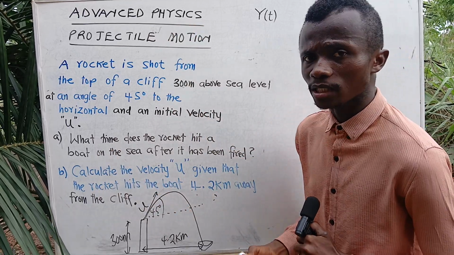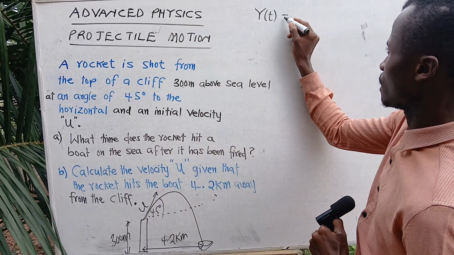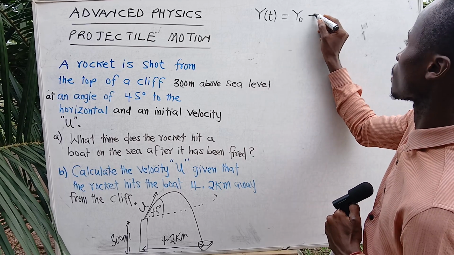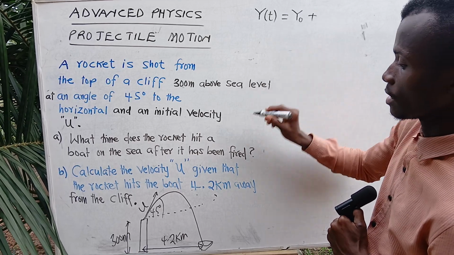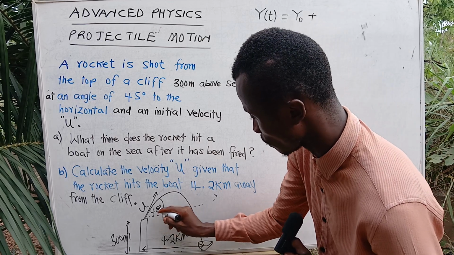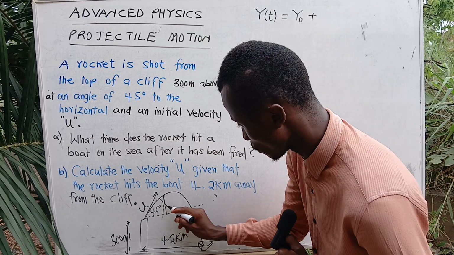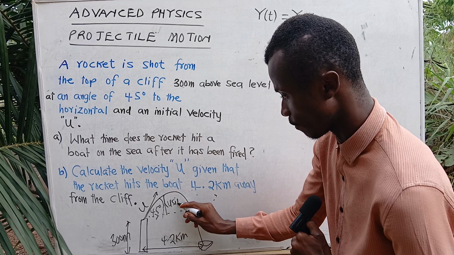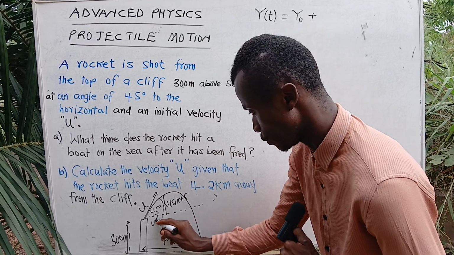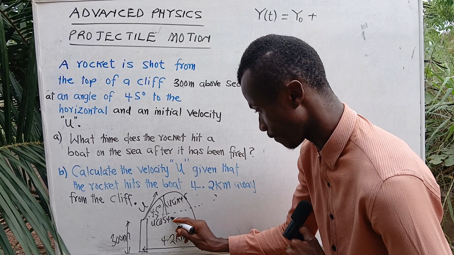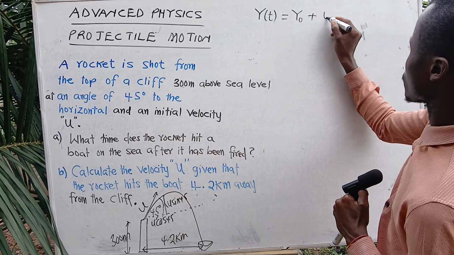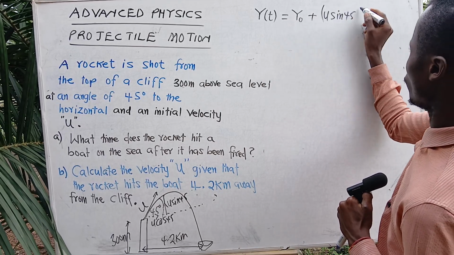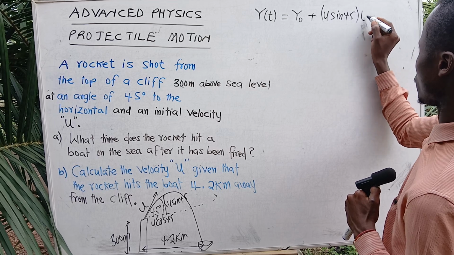For the vertical position function, we have y of t is equal to an initial position y naught plus the initial velocity, which is this component of the velocity. If we resolve the velocity, we have two components: u sine 45 and u cosine 45. So we have u sine 45 to be the initial vertical velocity times t.